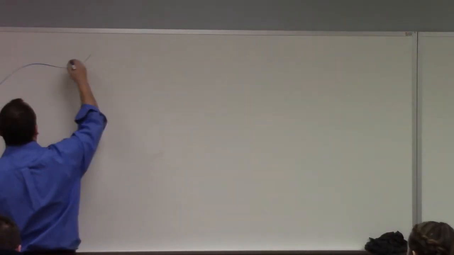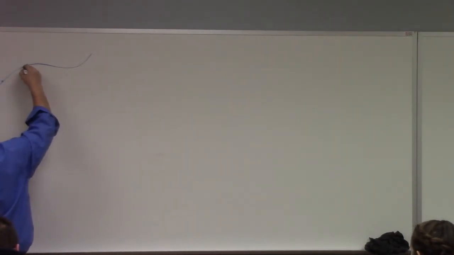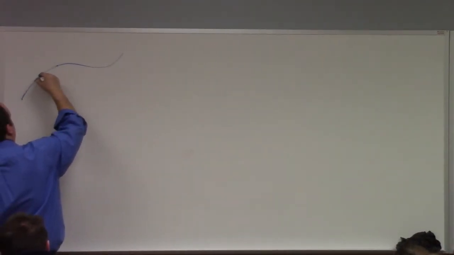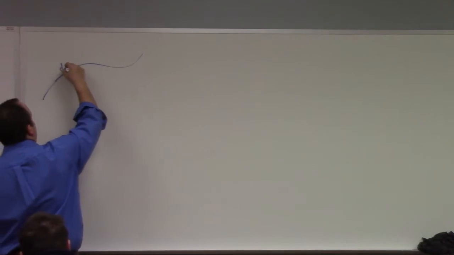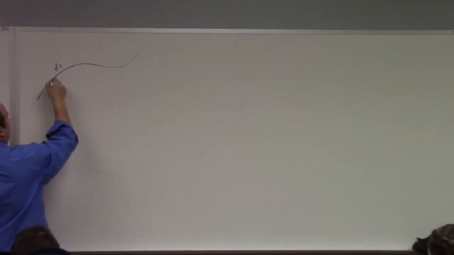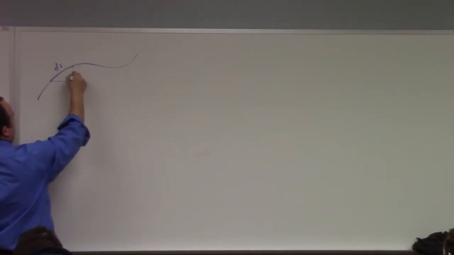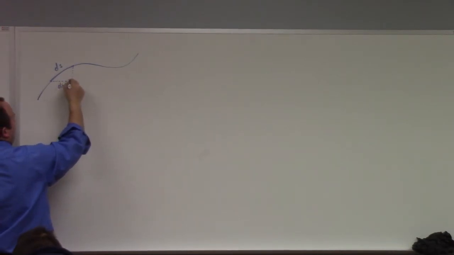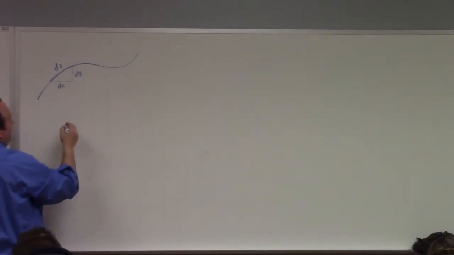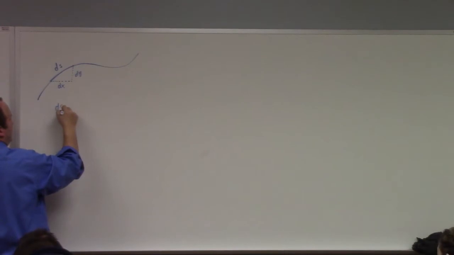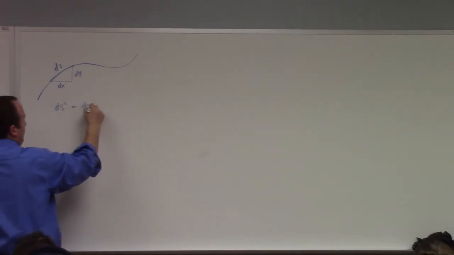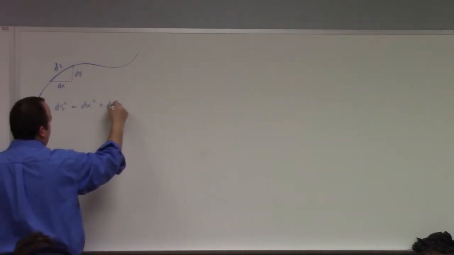So if I have some path, right, and I think about a little arc length along that, you could call that ds. And so a heuristic picture there is to look at this as being dx and that as being dy. So most of you would agree with me that ds squared is equal to dx squared plus dy squared.